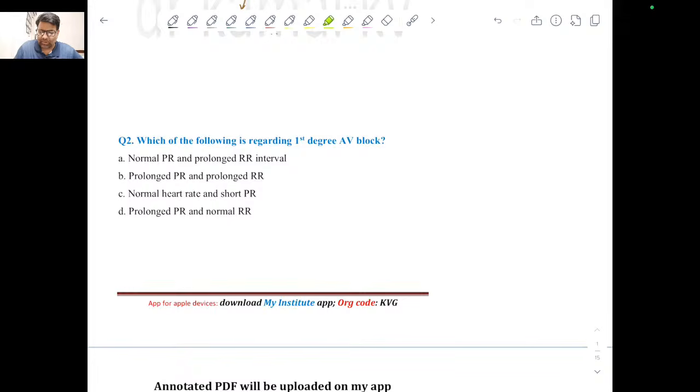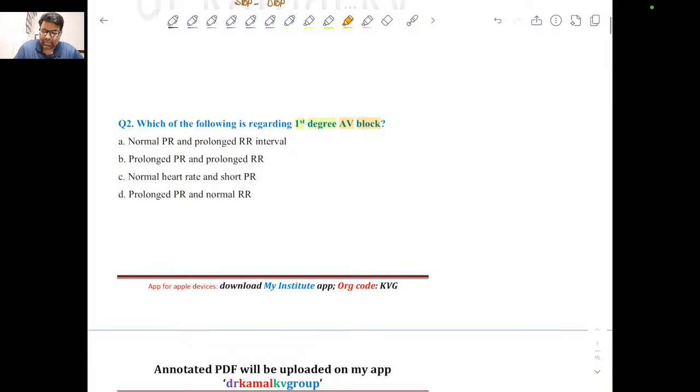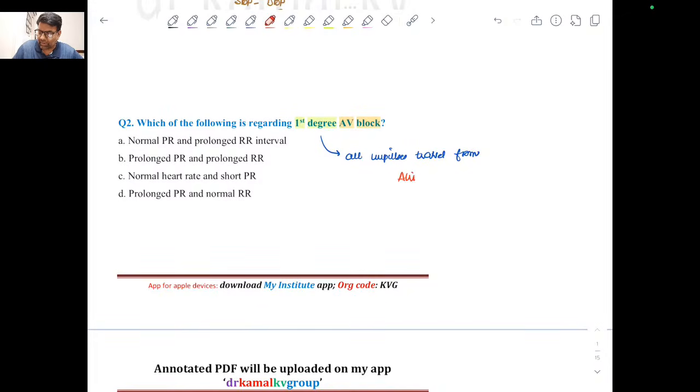Now here, which of the following is true regarding first degree AV block, atrioventricular block? Now what happens in first degree AV block? All impulses travel from atria to ventricle.